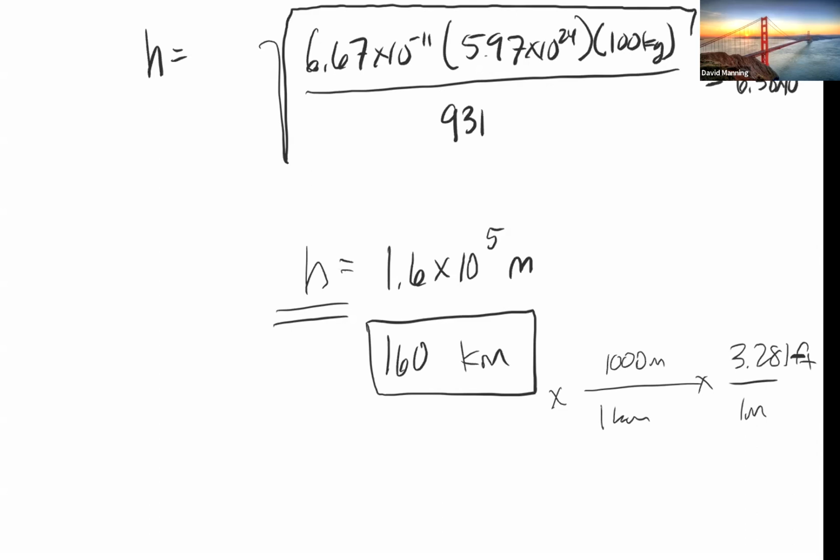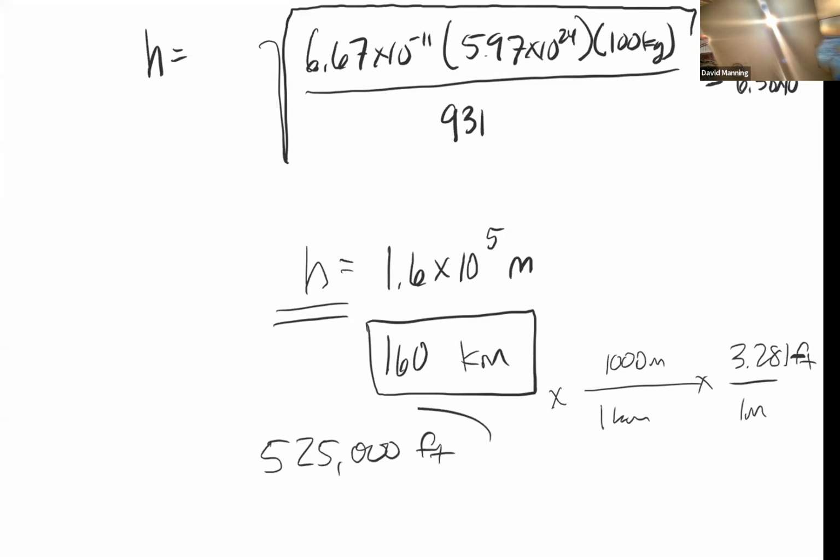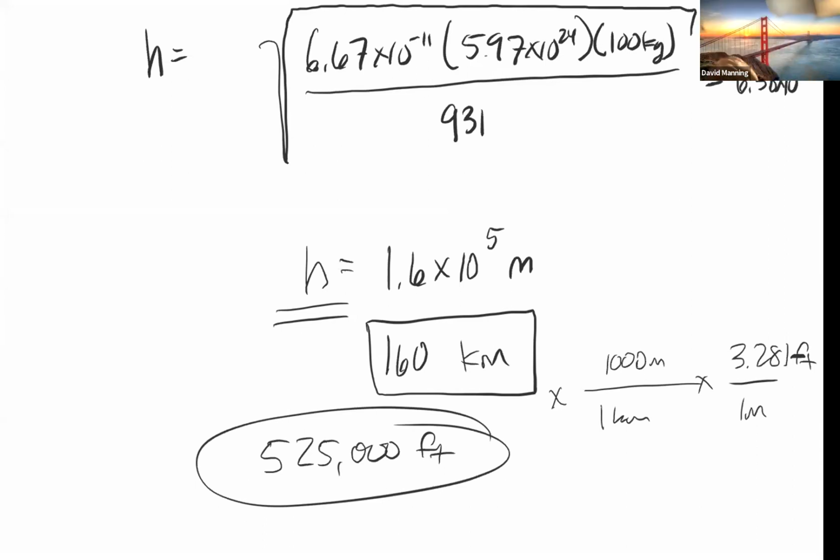I could have just done it off the 1.6 times 10 to the 5th, I guess. 525,000 feet. So that's pretty high up. You're not hiking that high. Does anybody need anything clarified there? Do we get it?